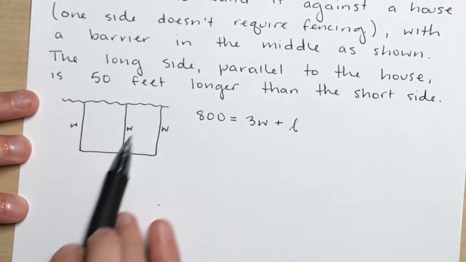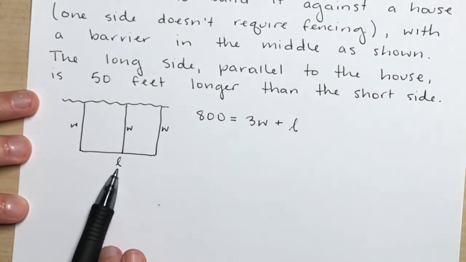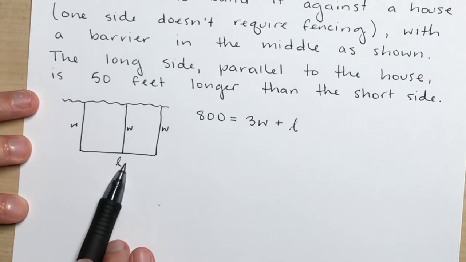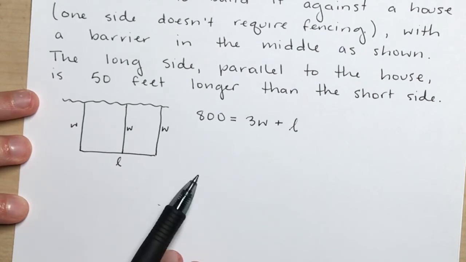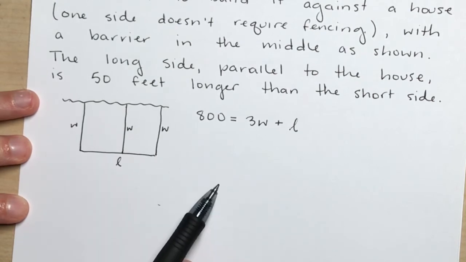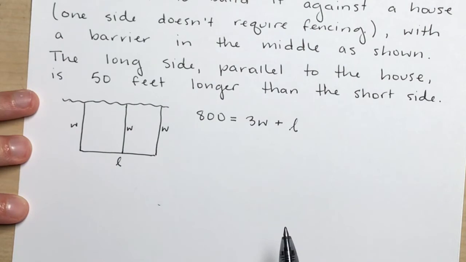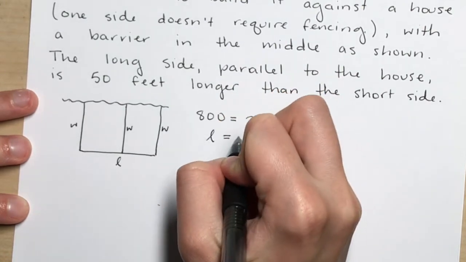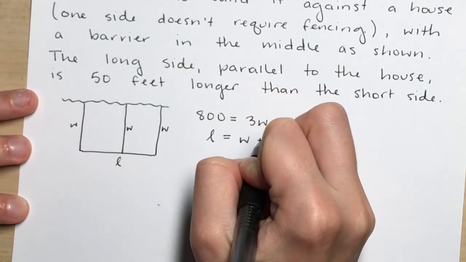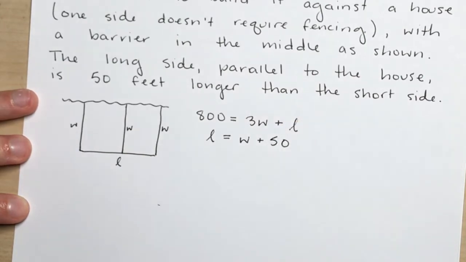The long side is obviously L, so L is going to be longer. If L is longer and I add 50 to L, is that going to be equal to something that's smaller? No, right? We need to add 50 to the smaller thing in order to make it equal to the longer thing. So we have L equals W plus 50.